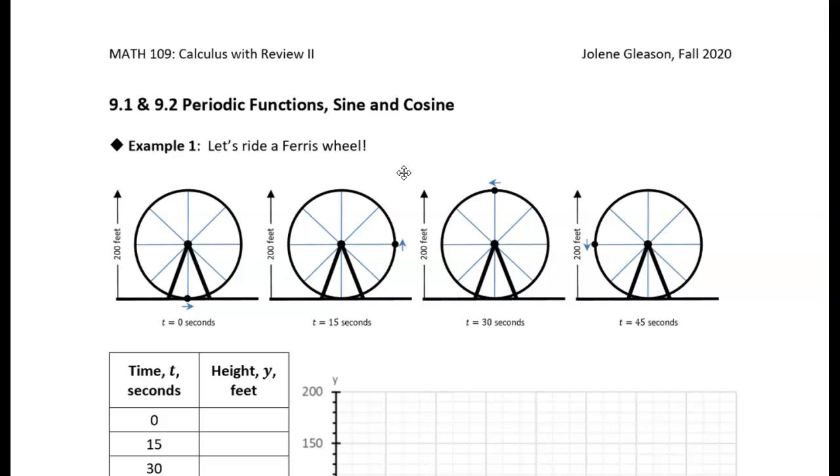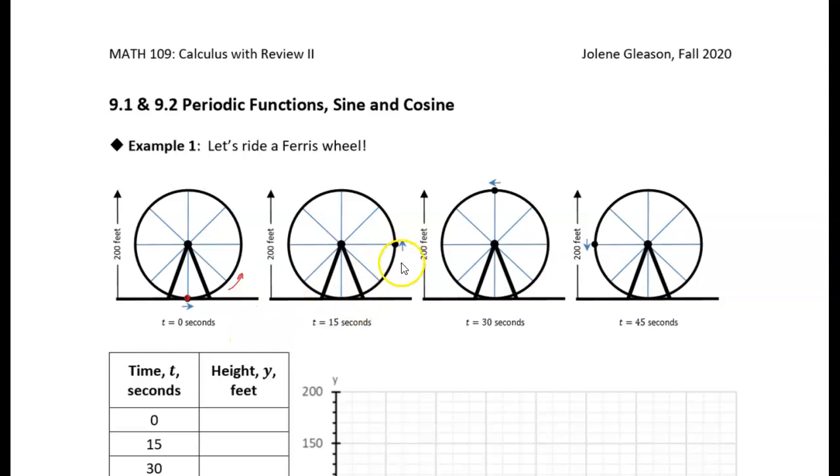All right, so let's take a ride on a Ferris wheel. I've got pictures of snapshots of various points on this Ferris wheel ride. We board the Ferris wheel down here at the bottom, and then the Ferris wheel starts turning in this direction, the counterclockwise direction.